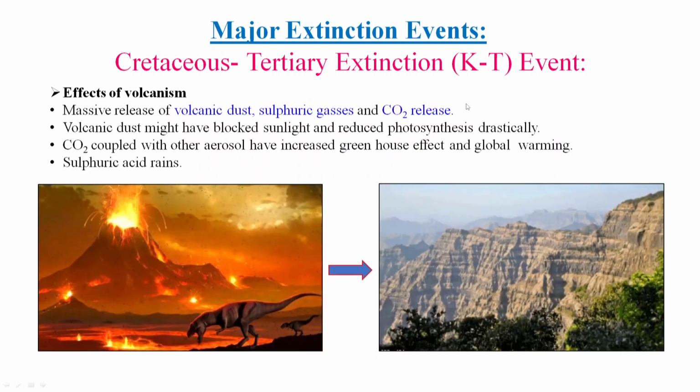Then, related to the volcanism of this Deccan Trap, the theory is that the effects of this volcanism led to a massive release of volcanic dust, sulfuric gases and carbon dioxide in the environment. Volcanic dust might have blocked sunlight and reduced photosynthesis drastically. Carbon dioxide coupled with other aerosols increased the greenhouse effect and global warming, also leading to sulfuric acid rains.